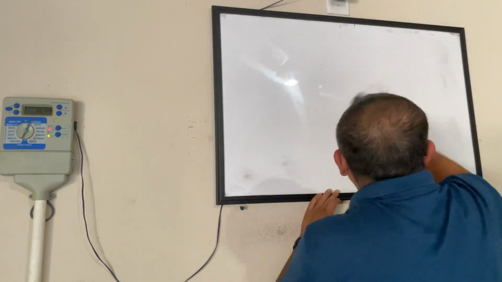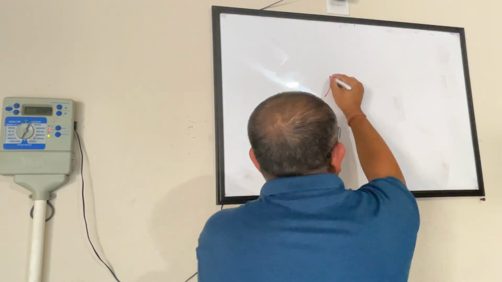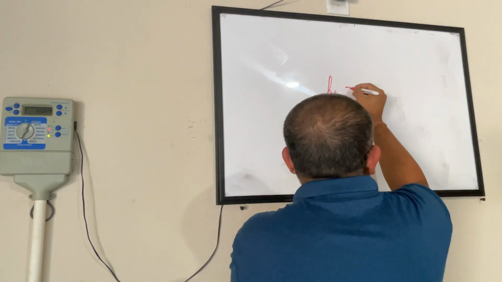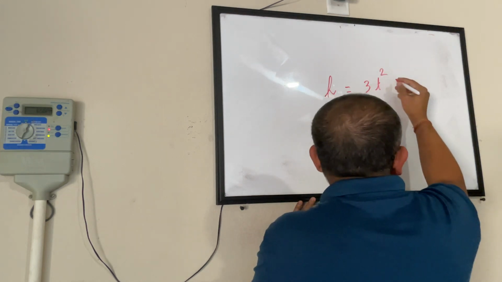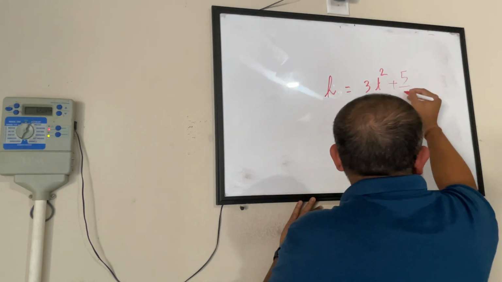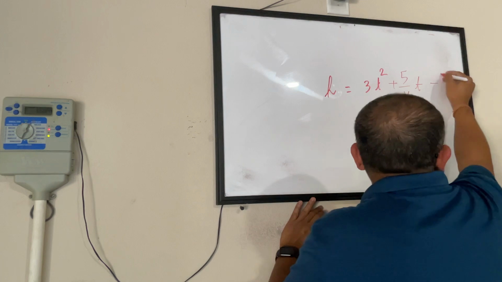Now let's look at another example where, let's say you get a word problem which says the height of a stone thrown upward depends on time following this equation. Let's say the height of a stone thrown depends on 3t square plus 5 by 4t minus 30.